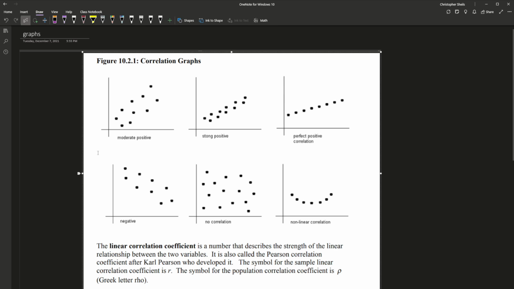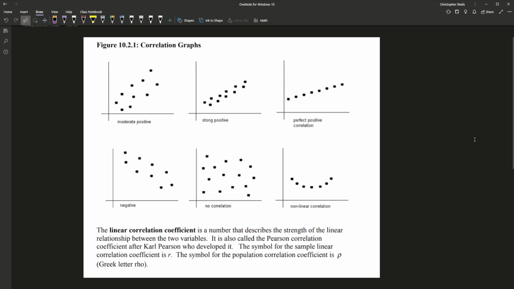In this first example, we have some moderate positive correlation between these variables. In this second graph, we have a strong positive correlation, or a strong positive relationship between these two variables.